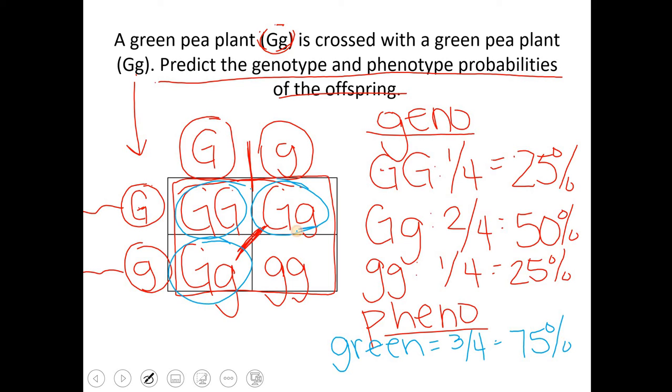It doesn't matter that 2 of them have a little g. That little g disappears. It's hidden by the big G allele. And then we have one plant that is little g, and the recessive version of this gene is yellow.